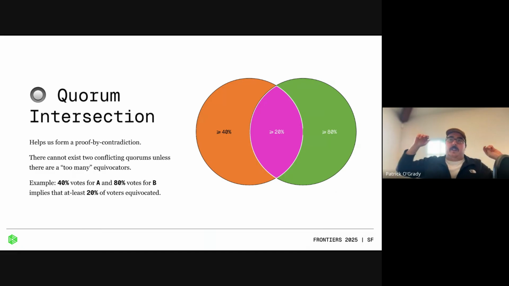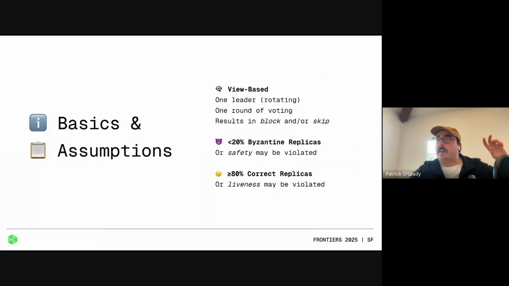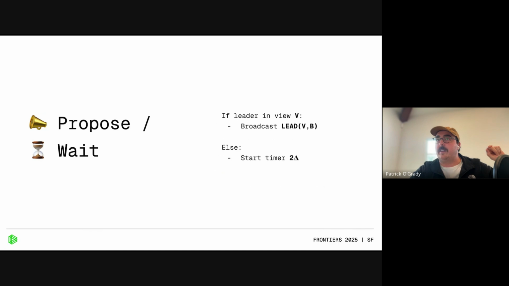So, quorum intersection. The idea in Minimmit, and I'm going to come back to that diagram because I think it's clear. The specification: you're a leader in view V. You broadcast something. Everyone else sets a timer for 2 delta.